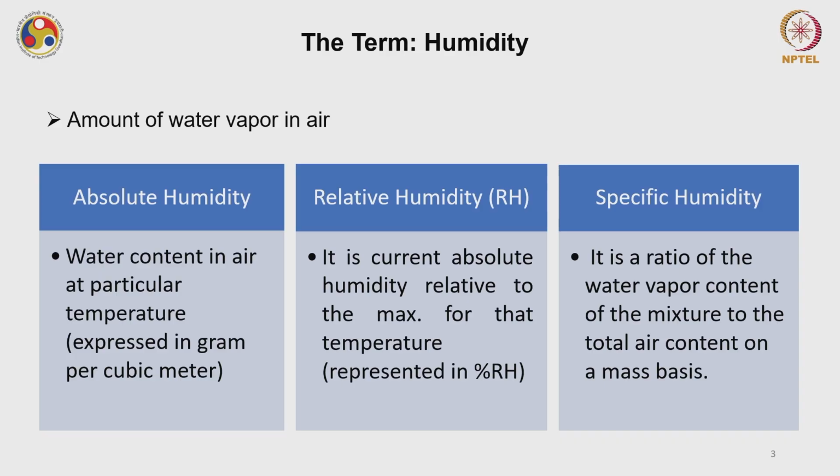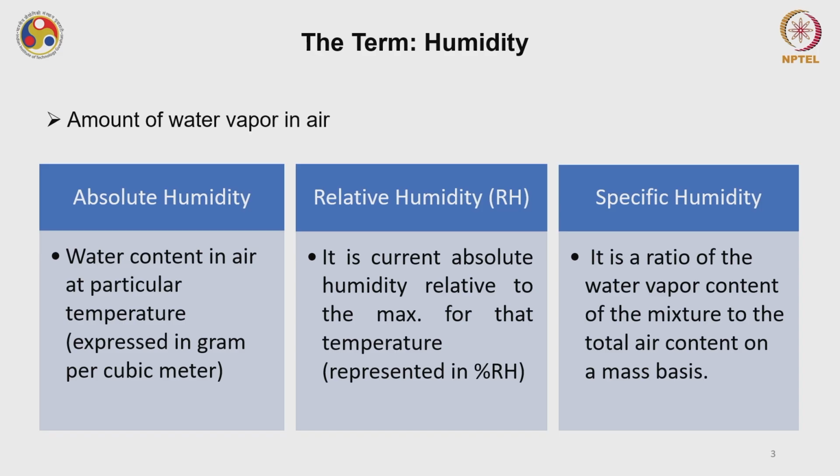Then there is one more way to define humidity, known as specific humidity. Specific humidity is the ratio of the water vapor content of the mixture to the total air content on a mass basis. So these are the definitions of three different humidities used in industry.